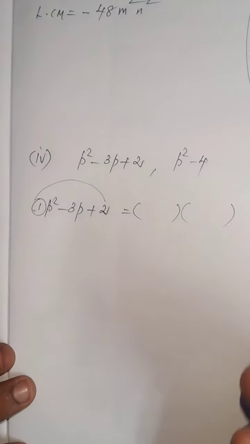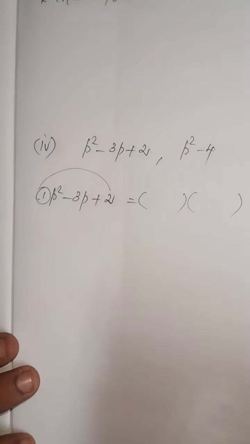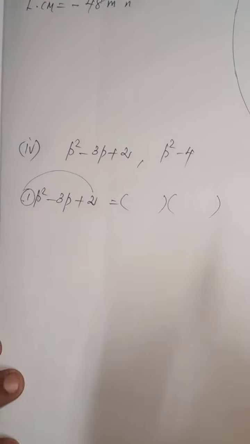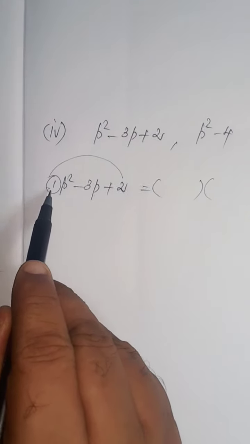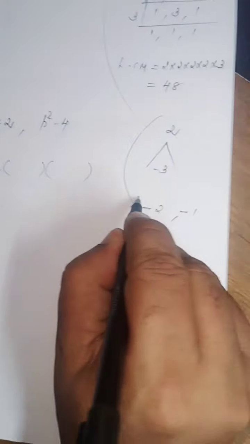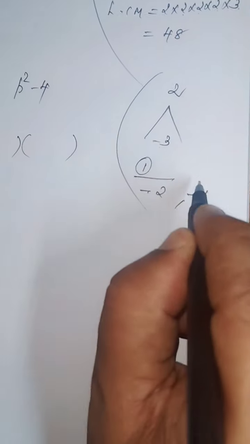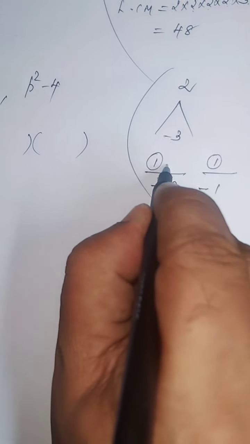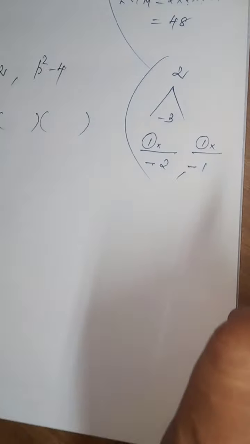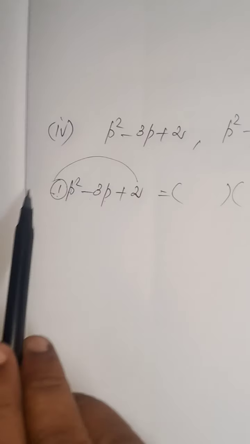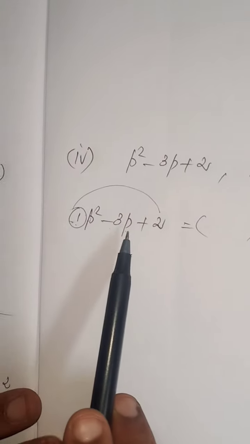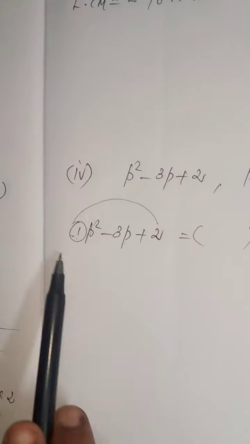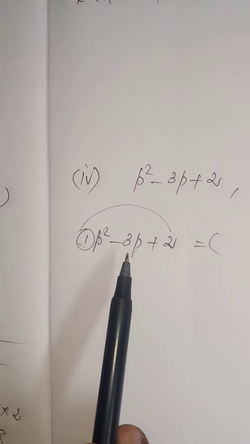We need the factors, then only you can find the LCM. How to find the factors? In the shortcut method, listen carefully. What is the coefficient of p squared? 1. Write 1 in the numerator for both the numbers. Then put the into symbol. What variable do we have? The variable we have is p, because this is a quadratic expression in terms of the variable p.